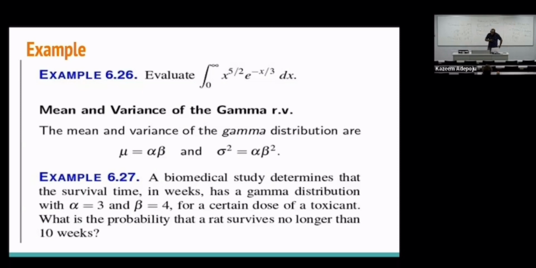Okay, let's take a look at an example. A biomedical study determined that the survival time in weeks. You know, we use exponential and gamma distributions in survival analysis a lot, and not only survival analysis, but also in reliability studies in engineering, whenever you're trying to figure out the time you're going to wait. In fact, insurance claims follow a gamma distribution.